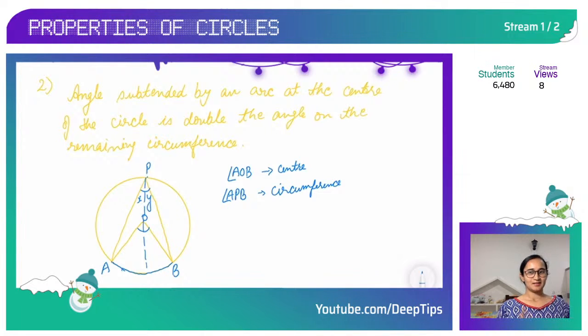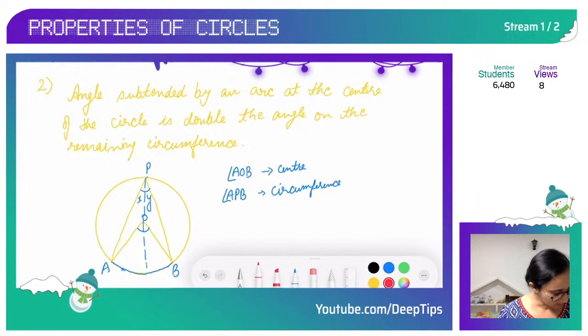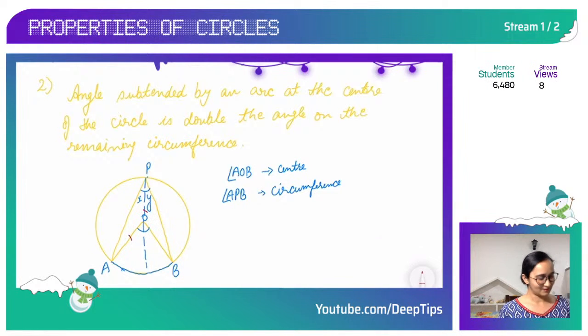Now children, can you identify some triangles here? Some sort of special triangles that we used in the previous theorem also. Yes? So here I can see an isosceles triangle again. You can see OP equals OA, because both are radii.